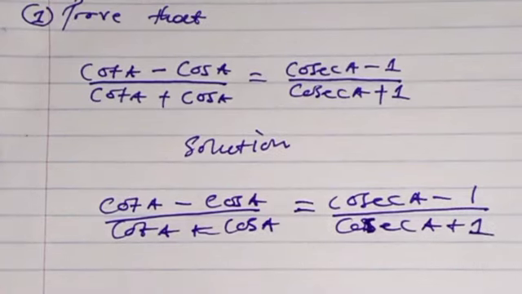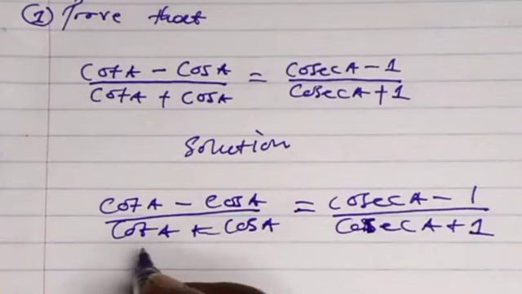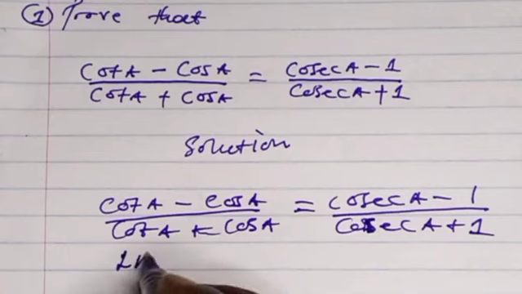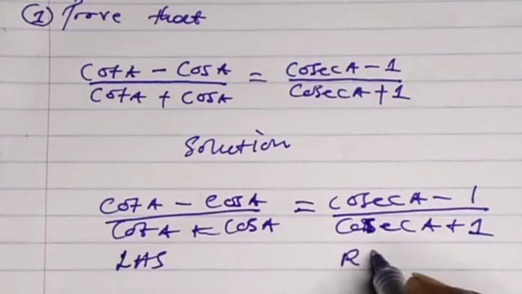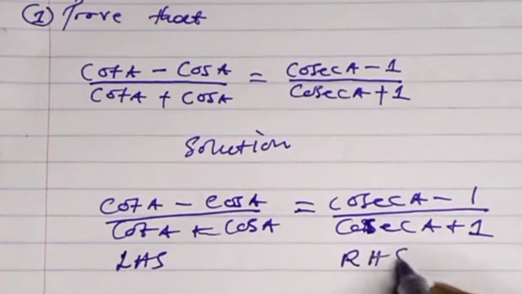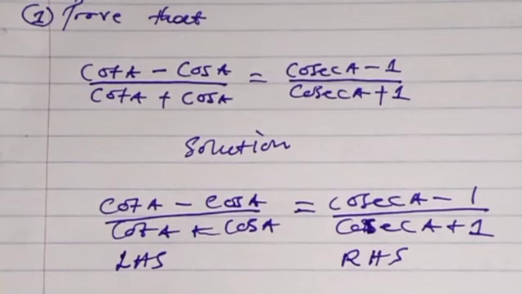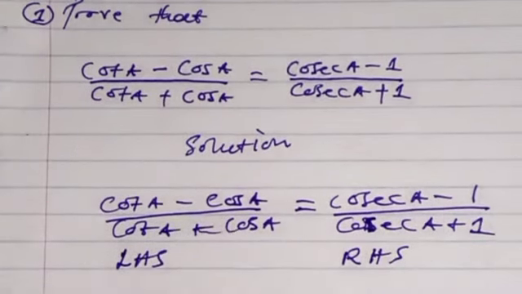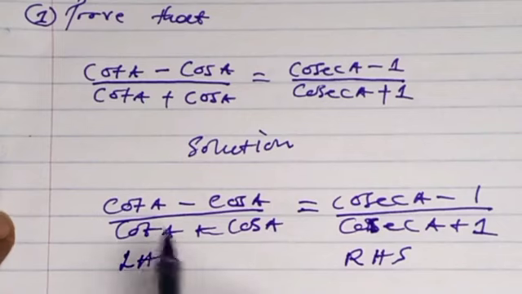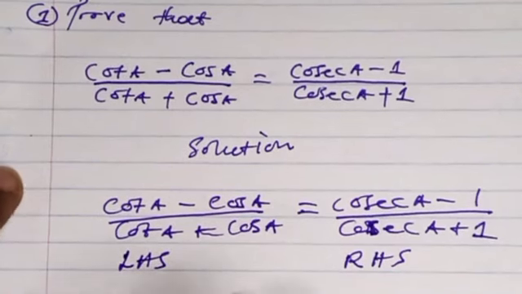So we have to prove by working on one of the sides. Here we have the left hand side and the right hand side. We have to take the one which is more complicated, which is the left hand side.